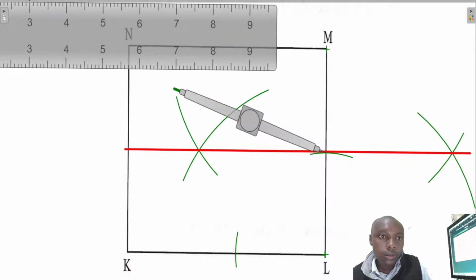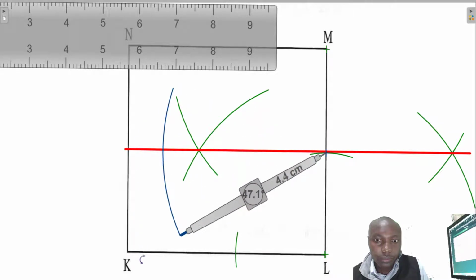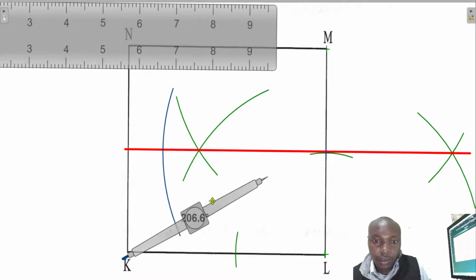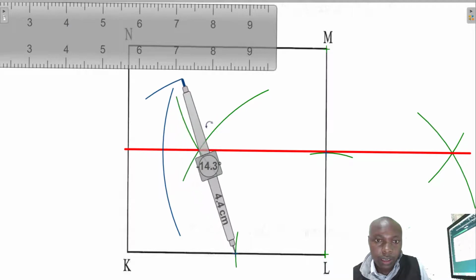Using a different color, standing there, you can mark an arc there, and then you can transfer to the other arc that you made. Stand there, then cut that arc.